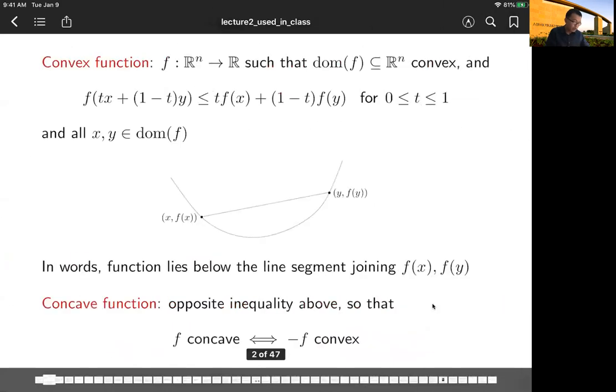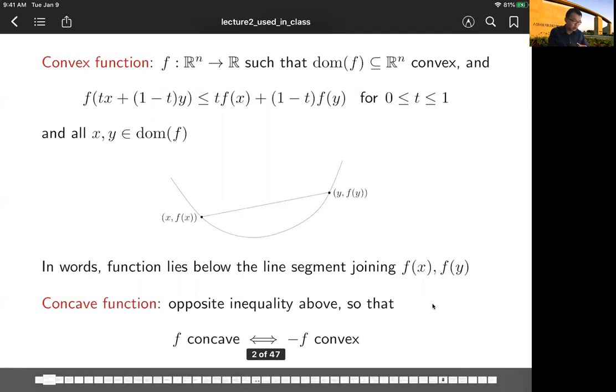Okay, so the first topic today is going to be about convex functions. We talked about the definition last time. The definition of a convex function is that if you take the convex combination of any two points in the domain of this function, the evaluation of the function anywhere in the middle between these two points needs to be smaller than the linear interpolation of the function itself.